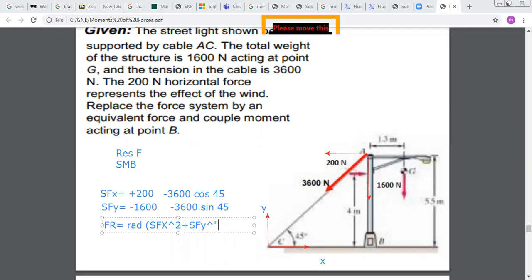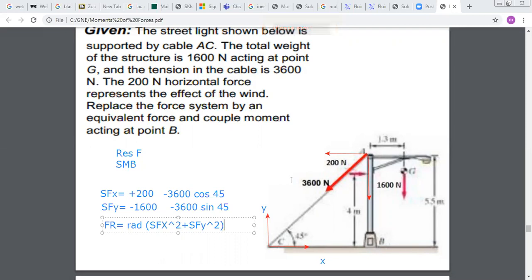And what I want to tell you is, whatever point you want to reduce to, if you want to reduce at B or at A, the resultant force will be the same. The resultant force is independent of the point. However, the resulting moment depends on the point.